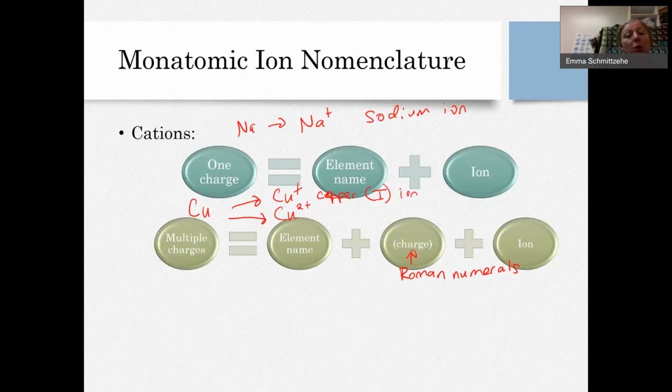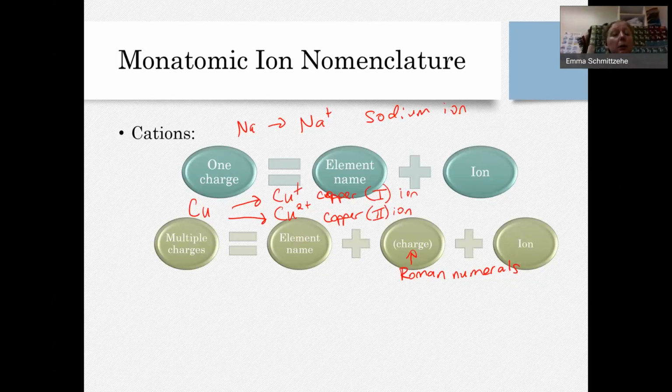Whereas Cu2 plus, a particular copper atom that gives up two electrons, would be called copper 2 ion. And so that's your basic systematic, how you deal with that.